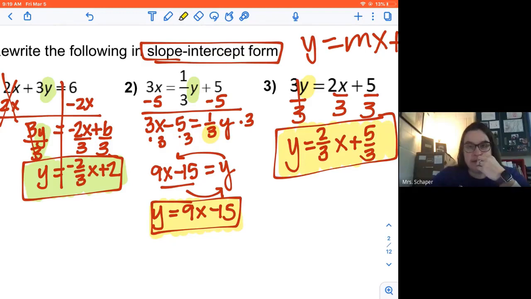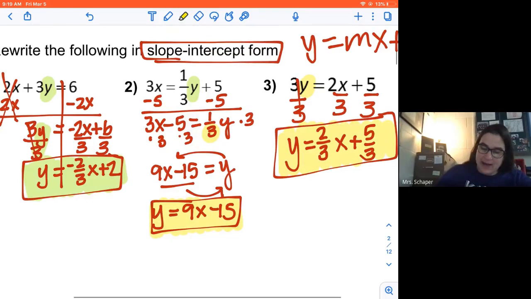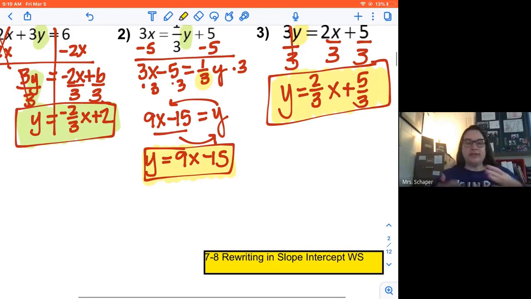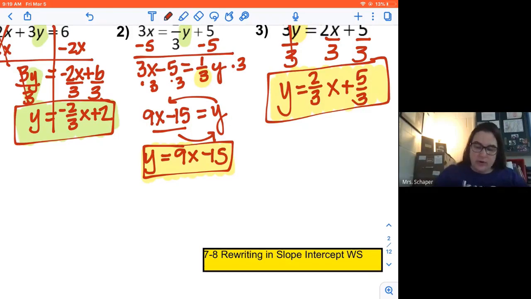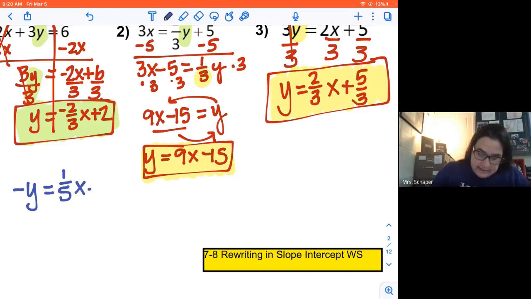Now there's a couple problems I'm going to add in here just to give you a couple more examples. One of the questions in your assignment had it written out this way: negative y is equal to, say, 1/5 x minus 6.